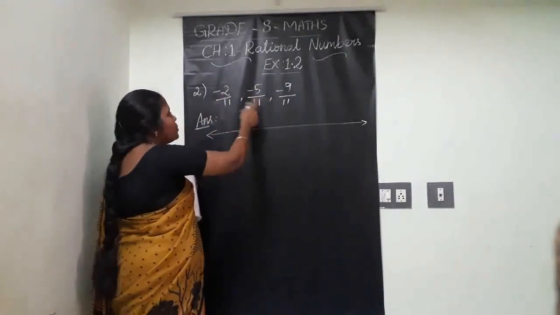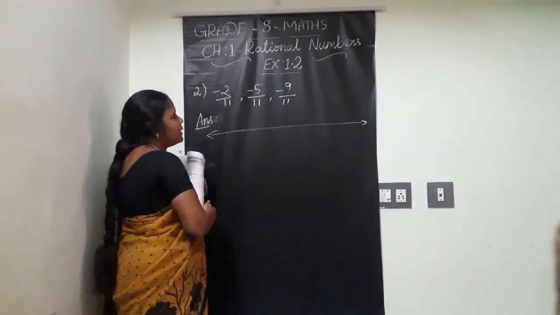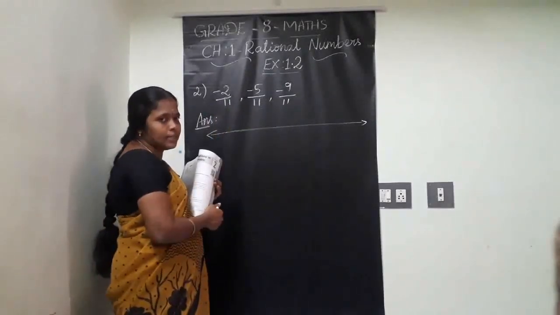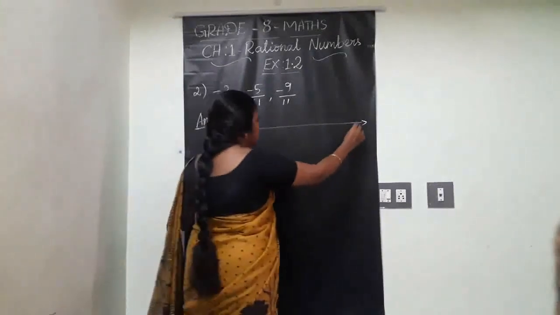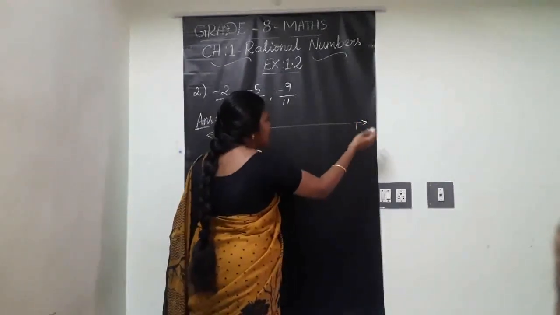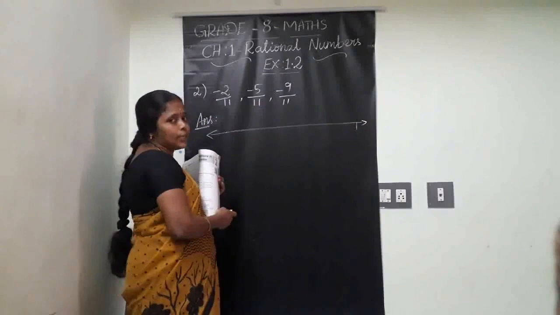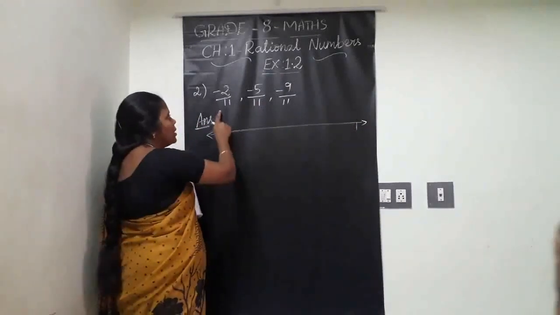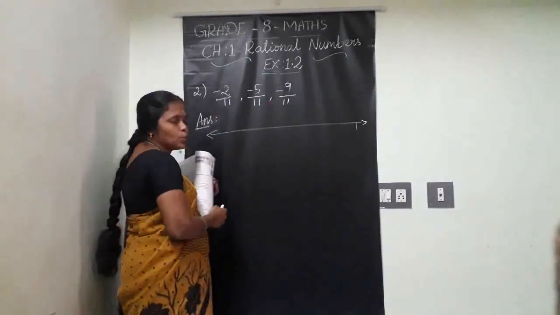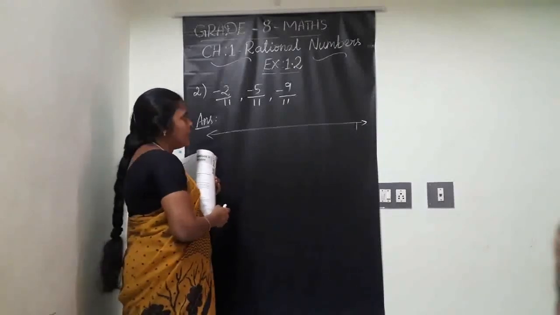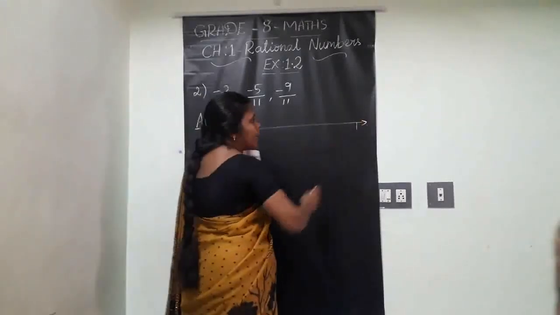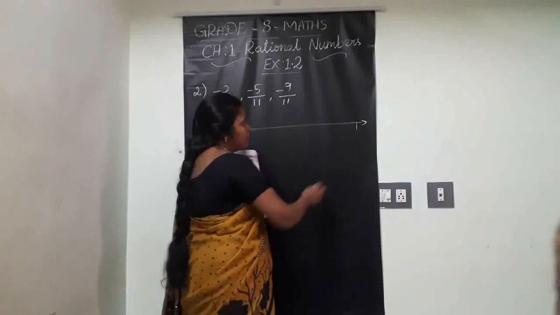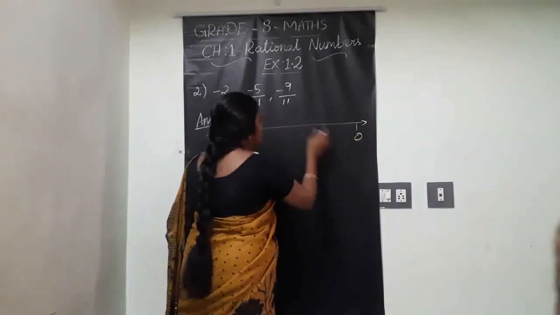So on the negative side we have to cut the interval into 11 pieces. Clear children? So on that basis, I no need positive rationals here. I have to mark these three rational numbers only on the line. That means I don't want the positive side. So I am taking from 0.